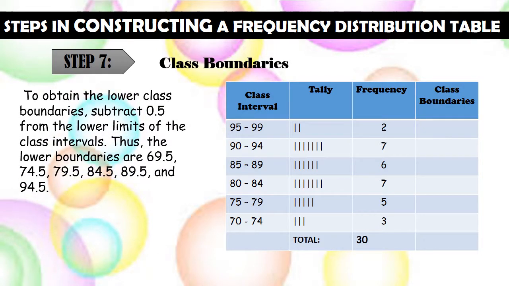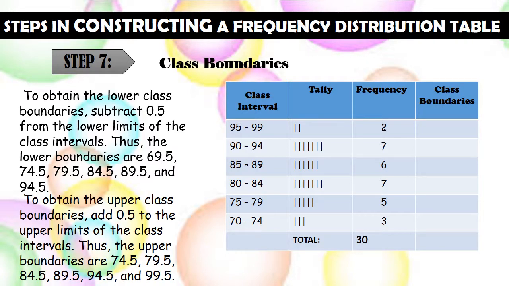To obtain the lower class boundaries, subtract 0.5 from the lower limits of the class intervals. The lower limits are 70, 75, 80, 85, 90, and 95. Thus, the lower boundaries are 69.5, 74.5, 79.5, 84.5, 89.5, and 94.5.